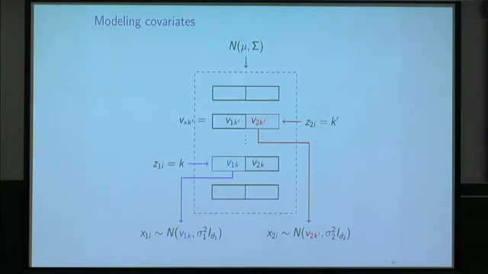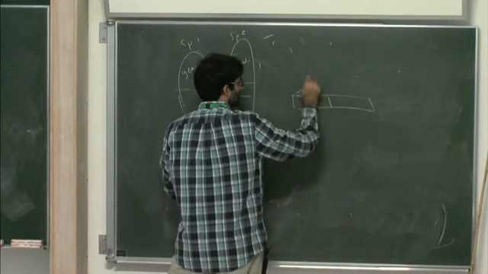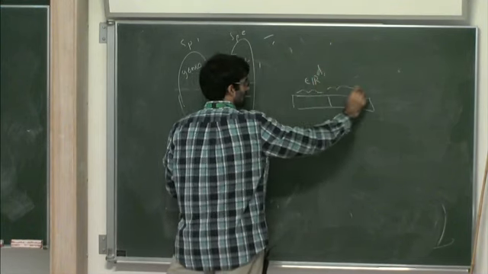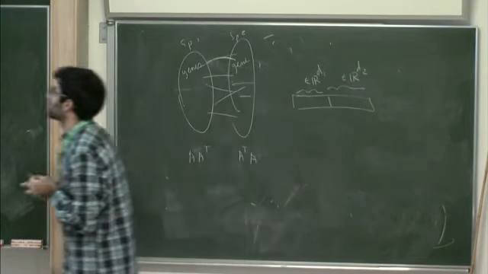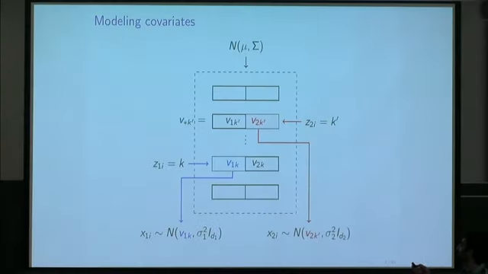Let's say I draw these pairs of covariates and concatenate them, so it's a D1 plus D2 dimensional vector. This piece is in R to the D1, and this one is in R to the D2. I draw K IID samples from a multivariate normal. Depending on which side of the network I am, I take the corresponding piece and generate the covariate.